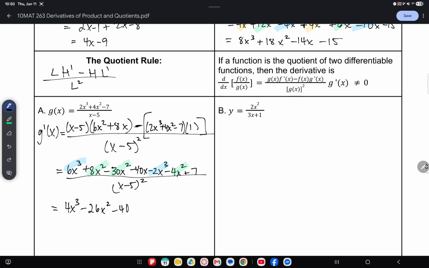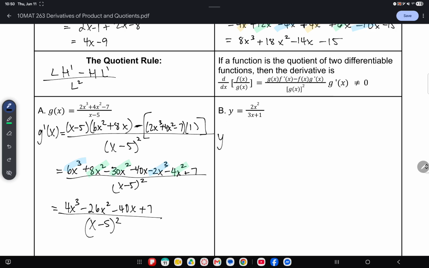And then minus 40x plus 7 all over x minus 5 squared. I don't think that top is going to factor into anything that will be able to cancel with my denominator, so I'm going to leave it as it is here.